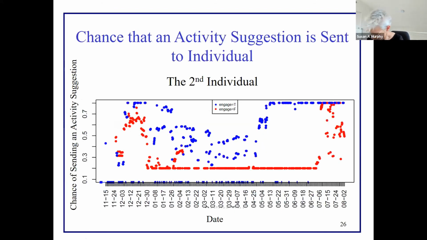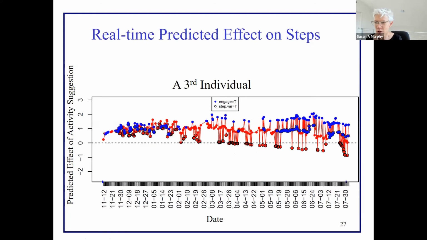So here's another individual, similar sort of thing. Engaged is blue, red is not engaged. And here was very surprising. See the circles that have a black circle around them? These are times, in that context, that the individual had not been very active over the past week during that time window.